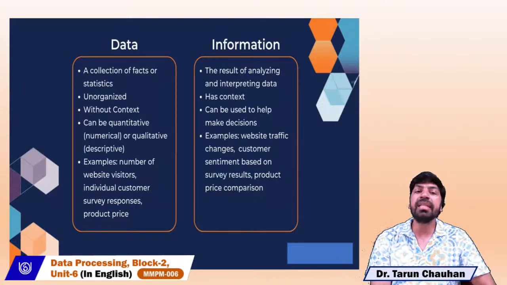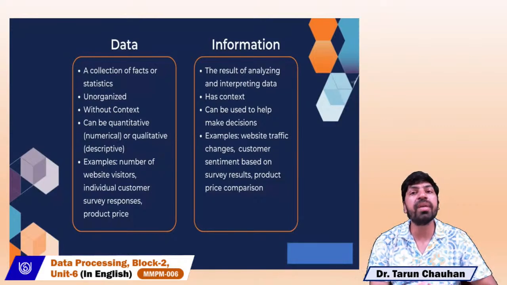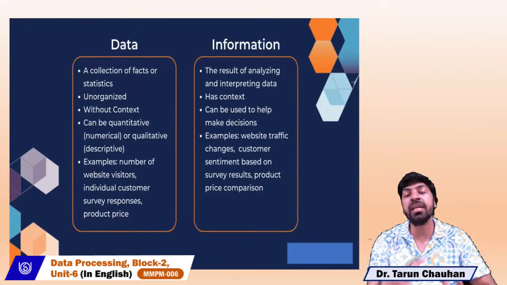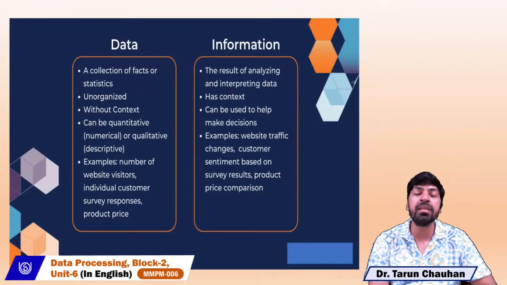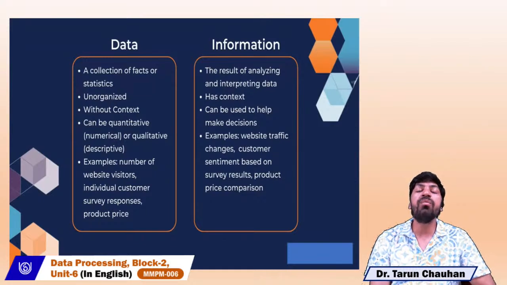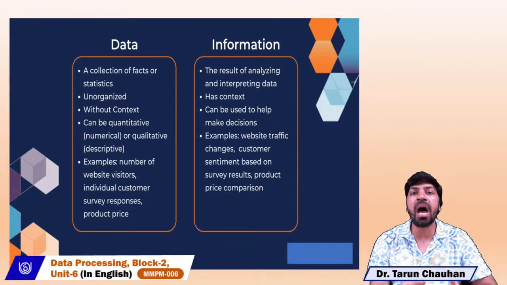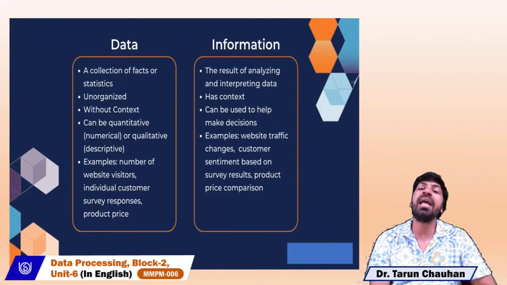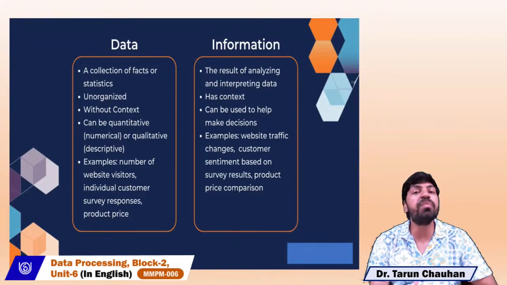So this is the distinction between data and information. Data refers to facts, figures, ideas, or opinions, in particular statistics. When we talk about information, it's all about the result, that is, how a particular researcher has analyzed or interpreted the data in the research study.